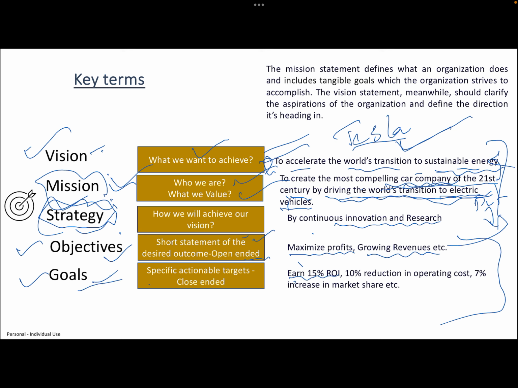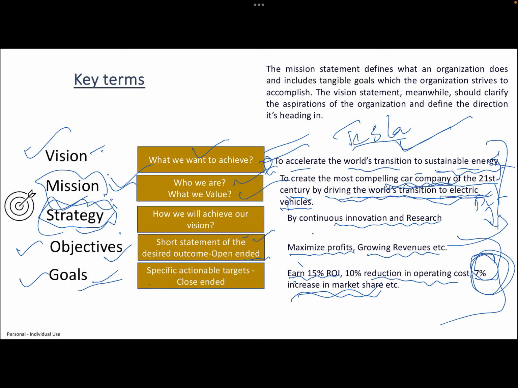For example, earn 15% return on investment, 10% reduction in operating cost, 7% increase. When you say it in specific terms, then it becomes a goal. Otherwise, increase in market share, that is your objective. But 7% increase in market share, that is your goal.